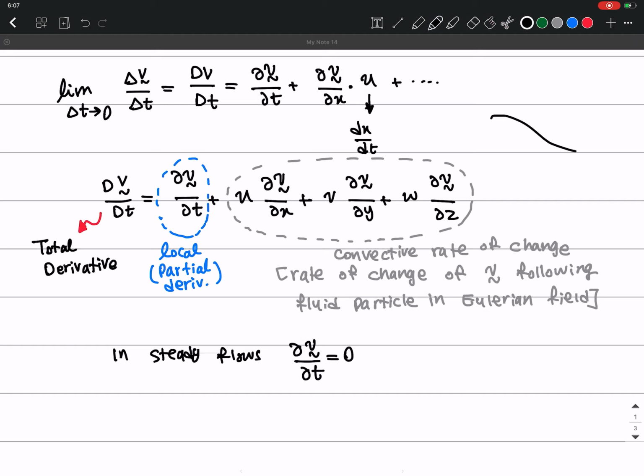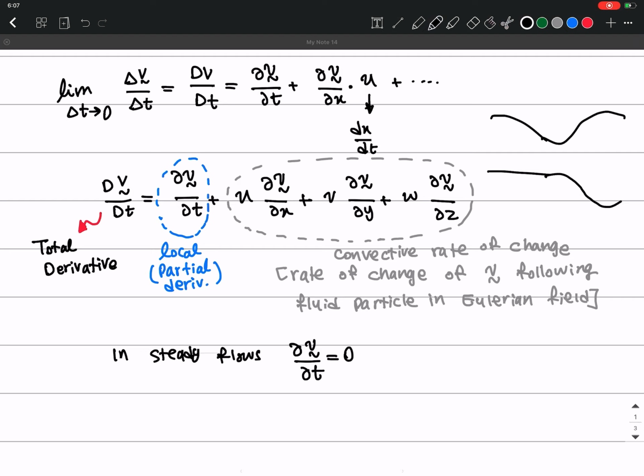For example, you might have a compression here in a channel or an expansion later on, like something like this.